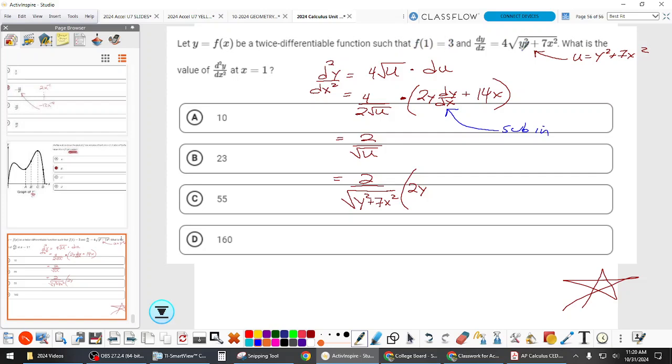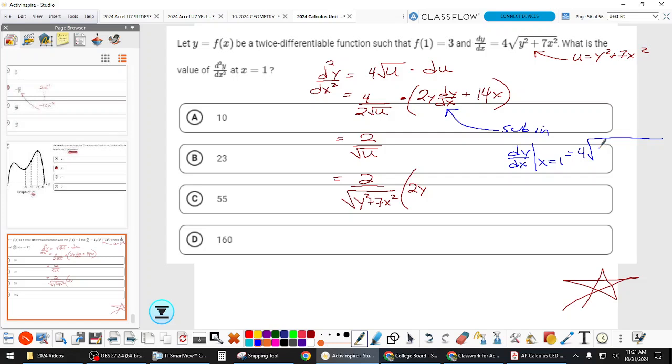I could plug those in there now and not bring that whole mess along, and just have a number instead. So let's actually do that. So dy dx at x equals 1, and 3, there it is.